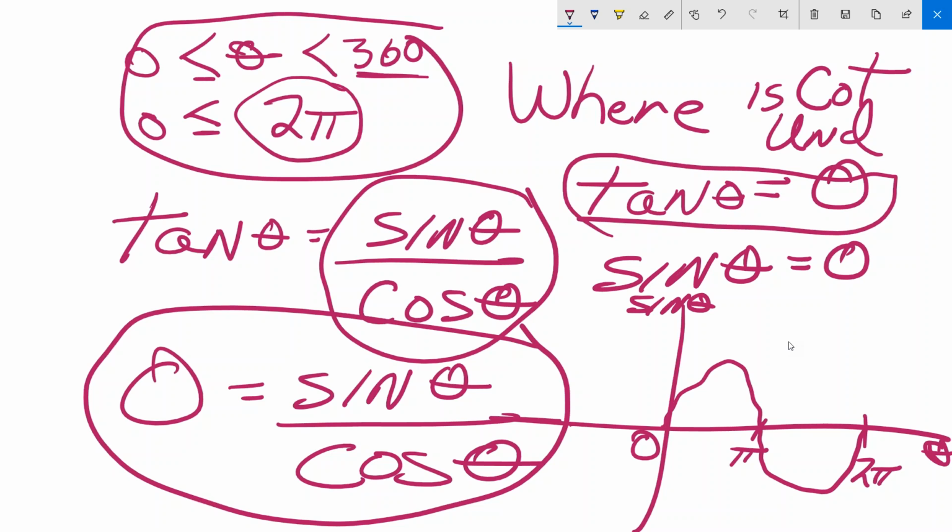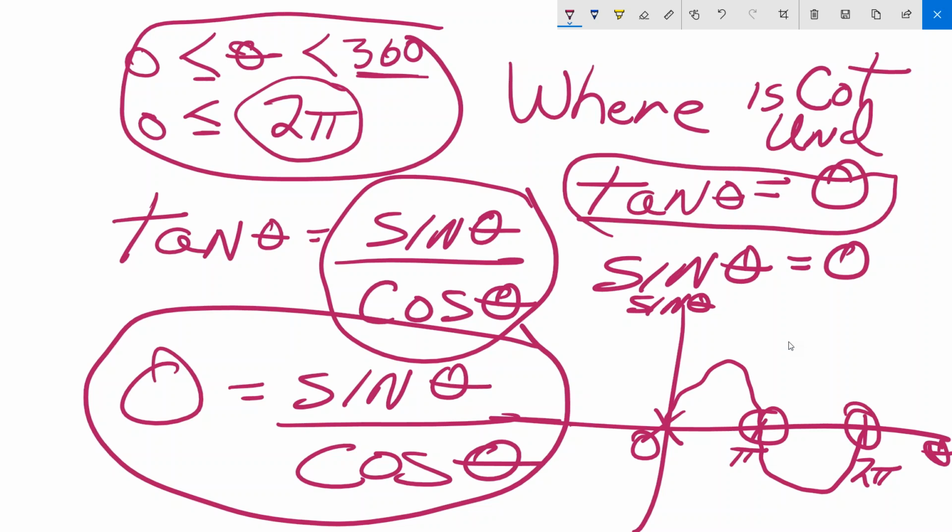So where is the vertical part equal to 0? When theta is what? Well, how about there, for starters? When theta equals 0, sine theta equals 0. Also, at pi, sine of pi equals 0. And also at 2 pi, sine of 2 pi equals 0.